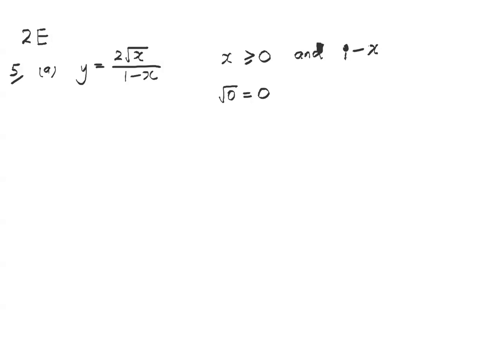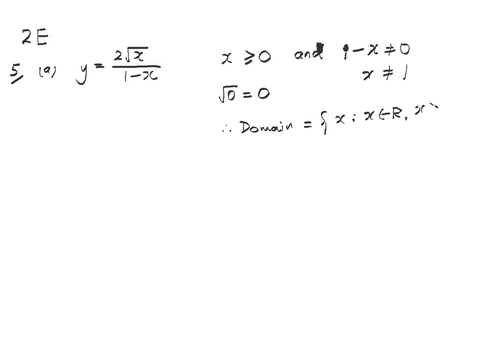So it's defined. And 1 minus x cannot be equal to 0, so x cannot be equal to 1. So therefore, the domain is x, where x is a member of the real numbers.